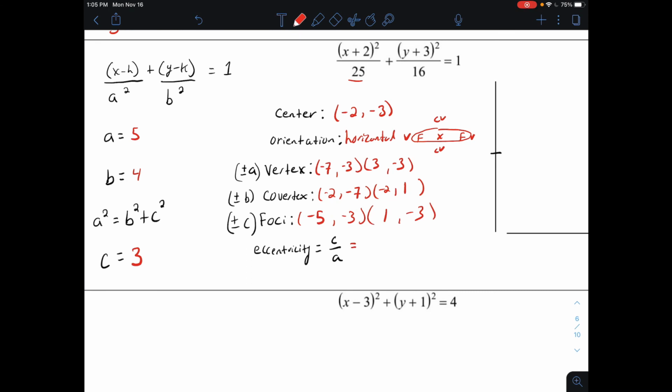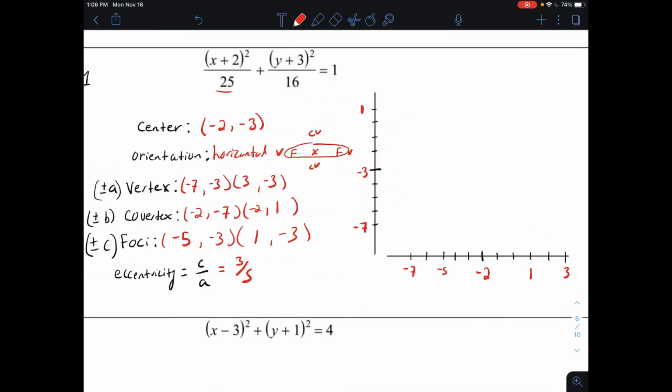The eccentricity, the elongation factor of this ellipse, is c divided by a, 3/5. Now the closer that number is to 0, the more circular it gets. The closer it gets to 1, the more stretched out and elongated it's going to be.